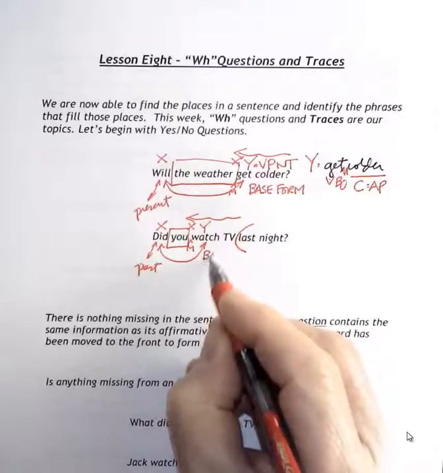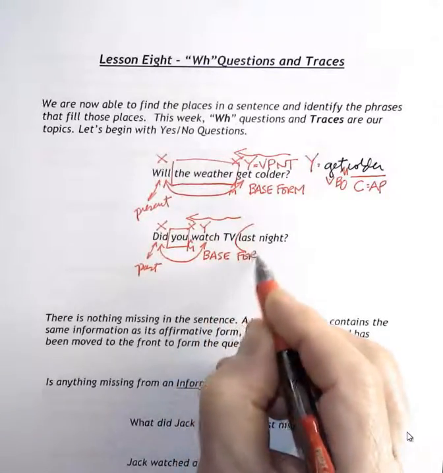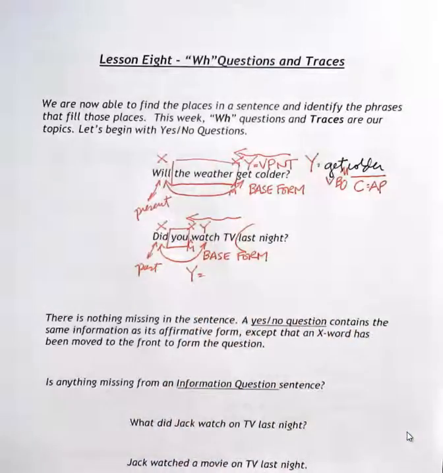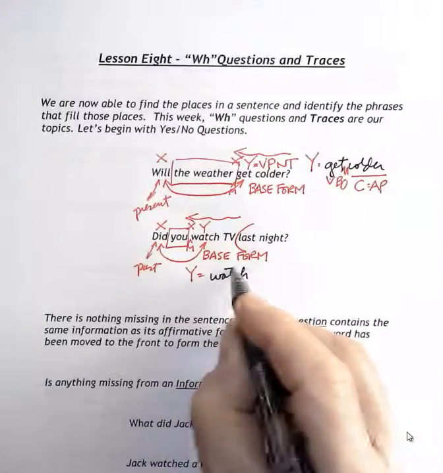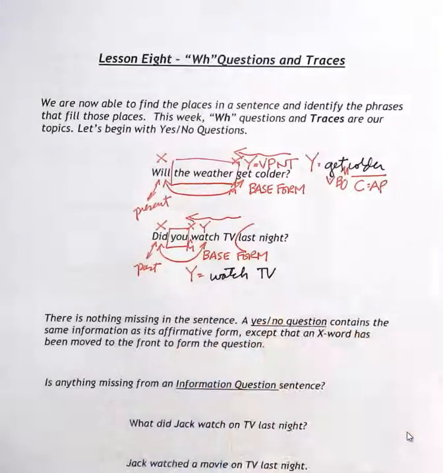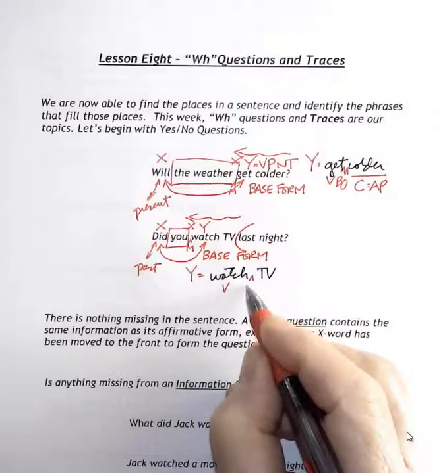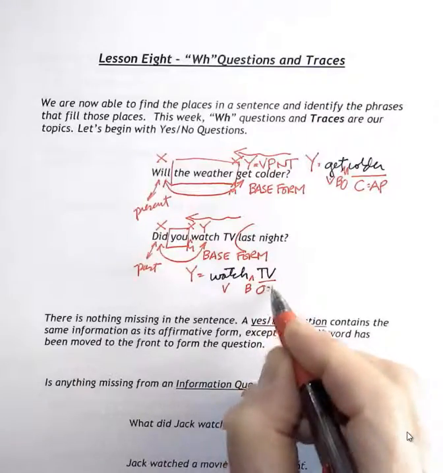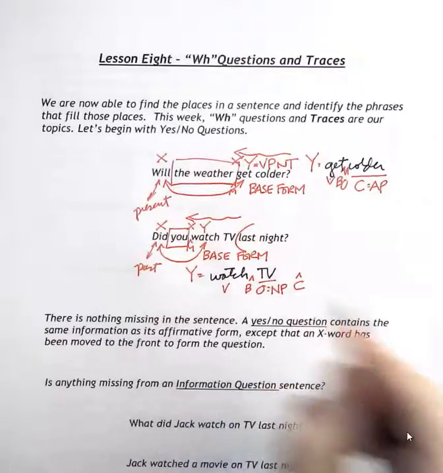Watch is the base form. Let's rewrite the Y. Watch TV. And watch is the verb. Particle place is empty. TV is the object. It's a noun phrase. The complement place is empty.